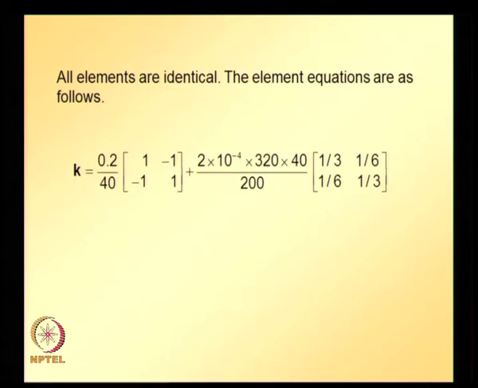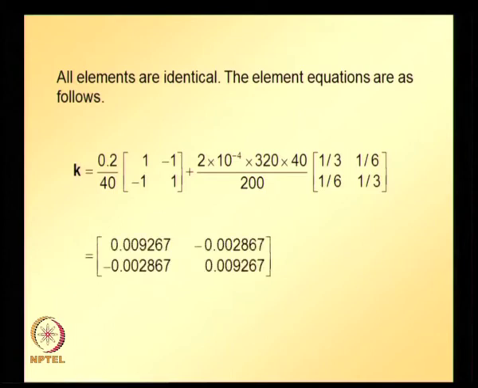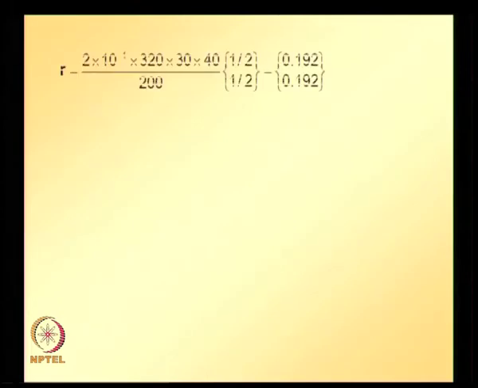So, element equations are as follows, where K is stiffness like matrix, making substitution of all the quantities and simplifying it further, we get this K, and R, again making substitution of all quantities like convection coefficient, perimeter, ambient temperature, area of cross section, length of each element, we get this R. Now, this K and R are going to be same for all elements because all elements are identical.